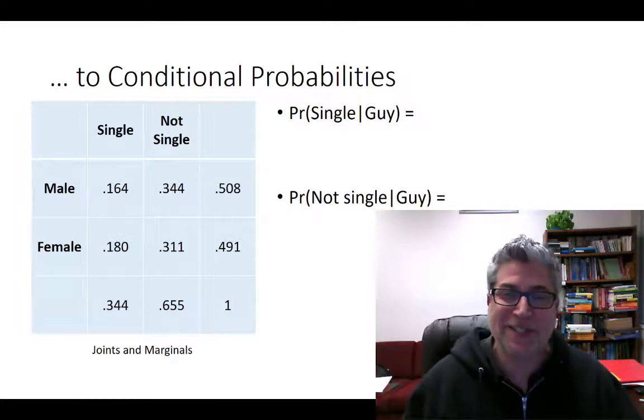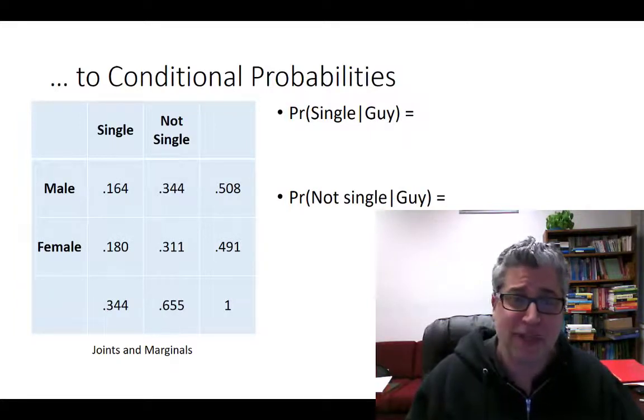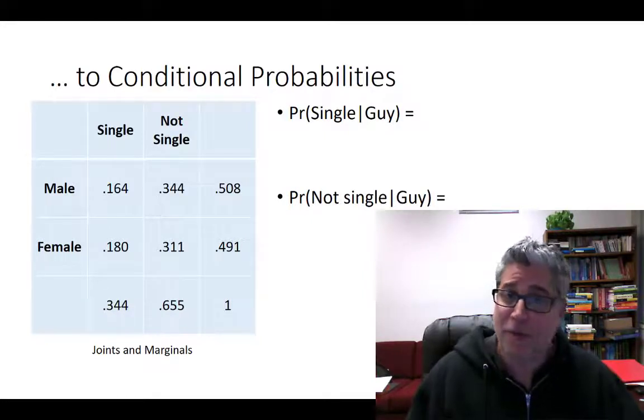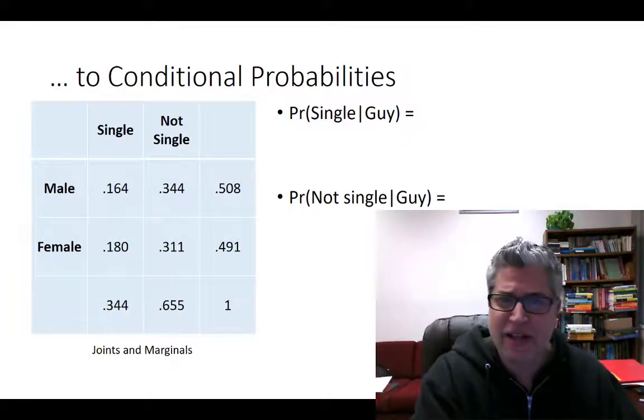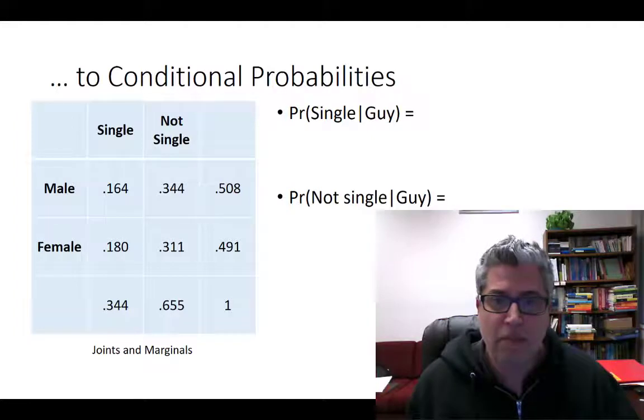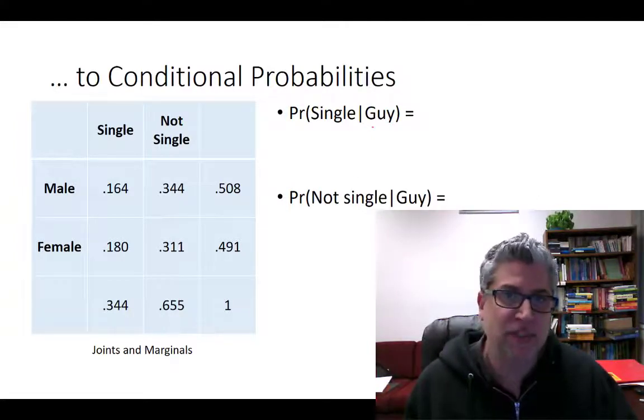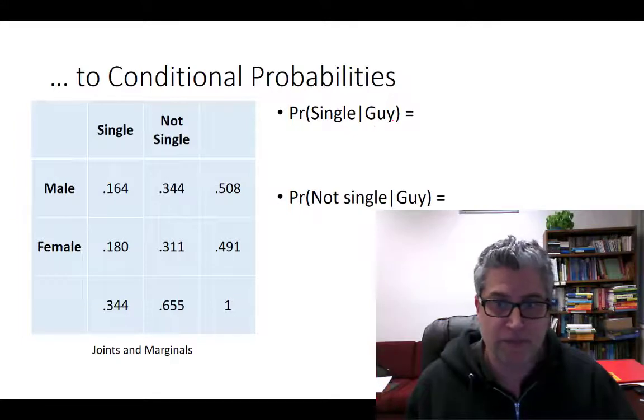Okay, so let's just say that you don't care about the girls and that you want to know about the guy you just bumped into. All right, well, the math is the same. I've gotten rid of the clutter. I've reproduced the table. I've added some decimals there. But let's work out the math. You want to know if this guy you bumped into is single or not single. So we want to know the conditional probability.